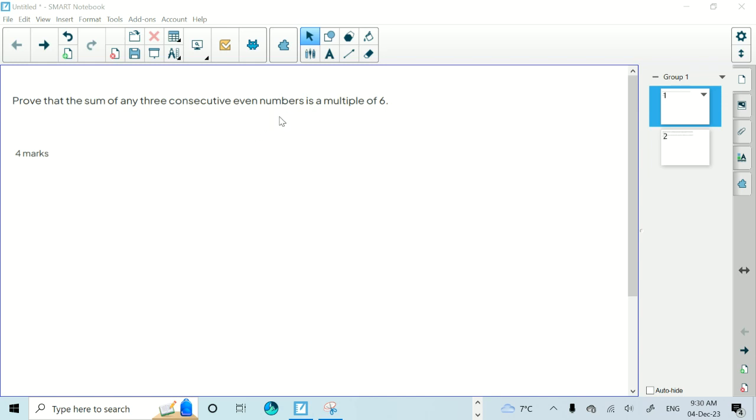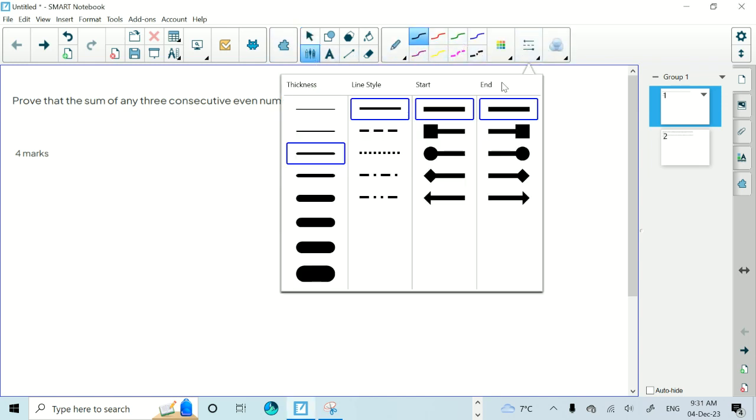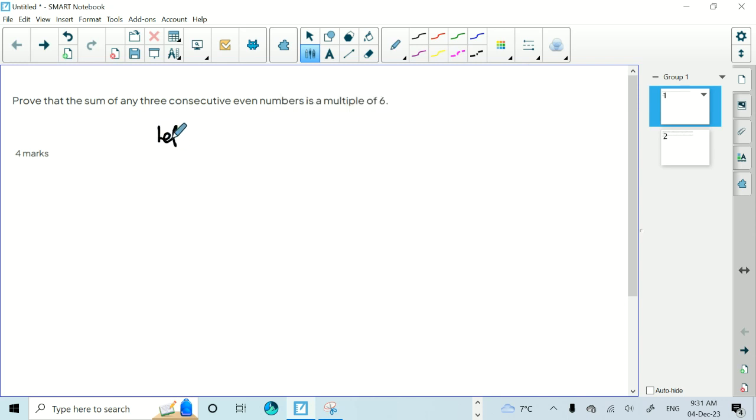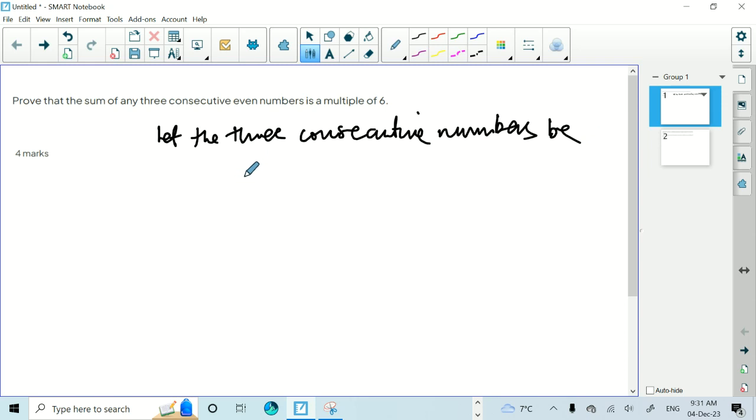So let the three consecutive even numbers be... Right, let's do the maths. So I'm going to let the three consecutive numbers be... Now, we need to choose carefully here.